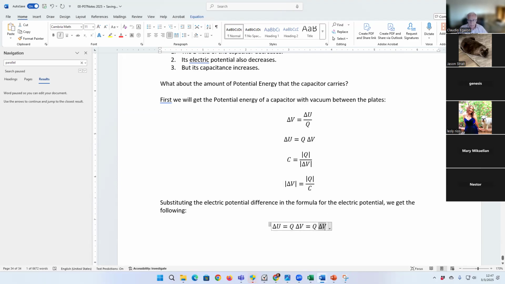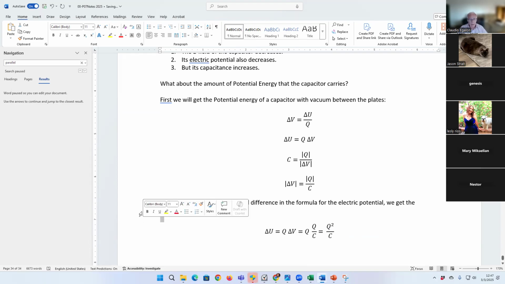And we don't need the magnitude of the Q anymore, okay? Like that. And look what we get: an equation that goes with the Q squared divided by the C.